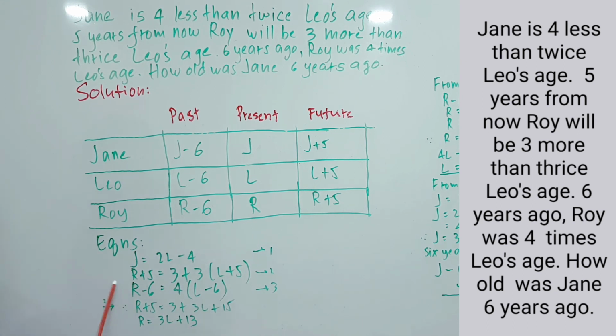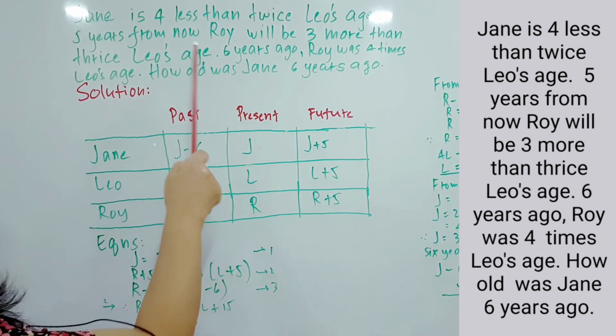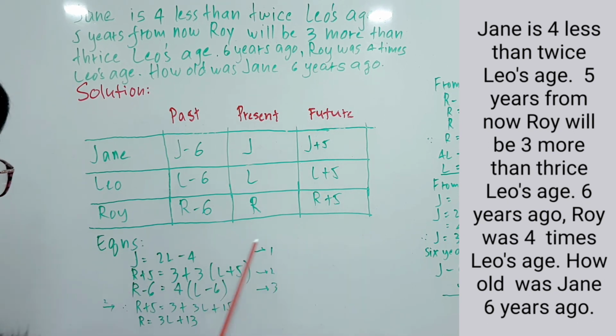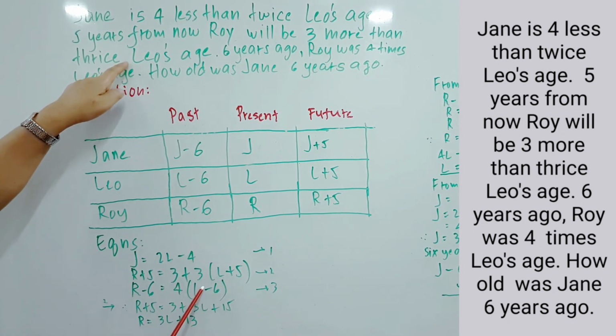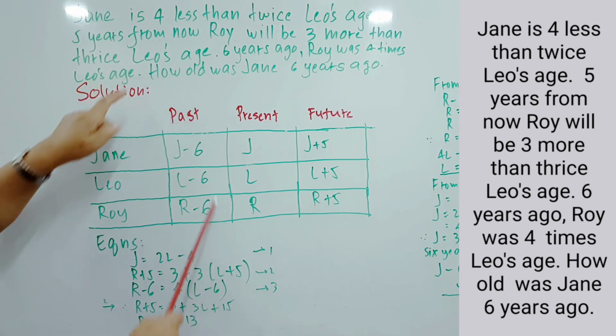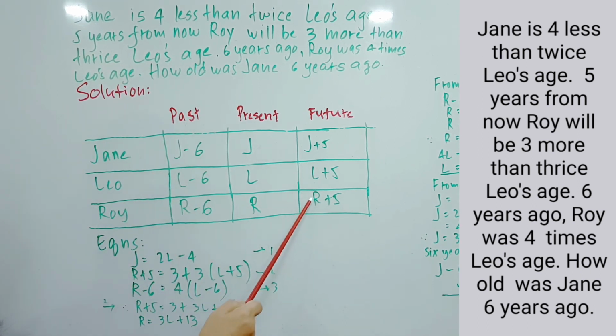So that means, ang future age nila ni Roy is R plus 5 is equal to 3, dahil 3 more than dito, plus thrice, that means 3 times Leo's age in the future, which is L plus 5. Yan ang equation 2 natin.